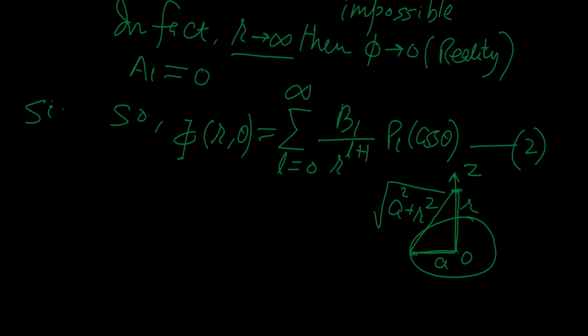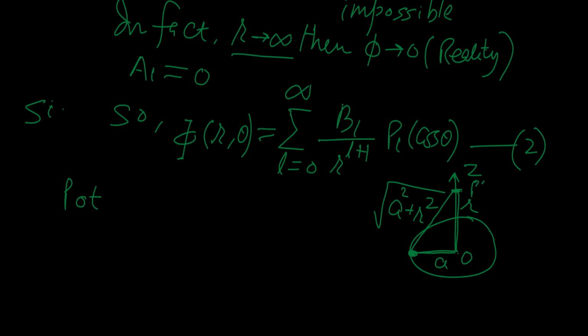So let us define the potential at this point. If we consider a small element on this ring and find the potential at this point, let us say this point is P dashed.